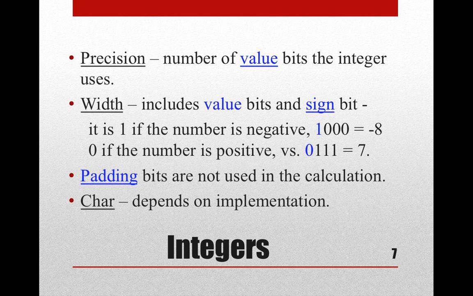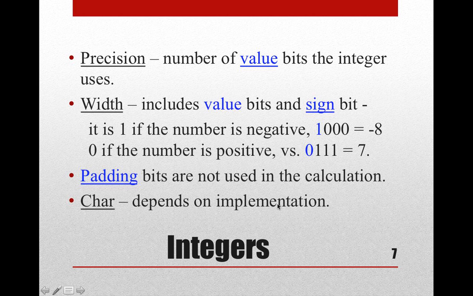If a number has a 0 here, then it's going to be a positive integer, and this, of course, is for some sort of signed integer. You can see that the largest number here is 7, and the largest negative number, there's an asymmetry here. Padding bits are also used in integers, but they're not used in the calculations.